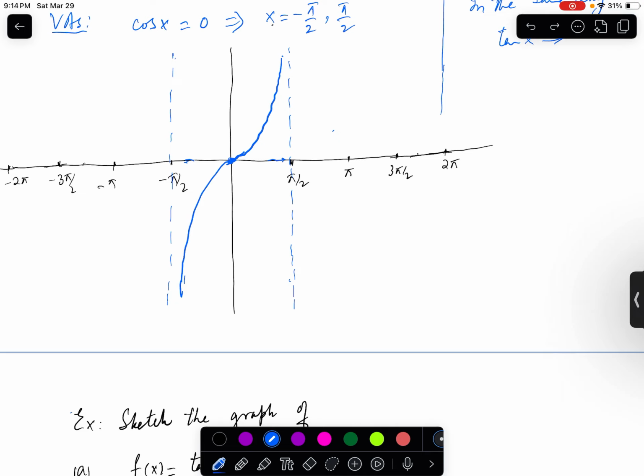So at every odd multiple of pi over 2, there will be an asymptote. So this asymptote is at pi over 2, the next one on the right will be at 3 pi over 2. And the piece is similar.